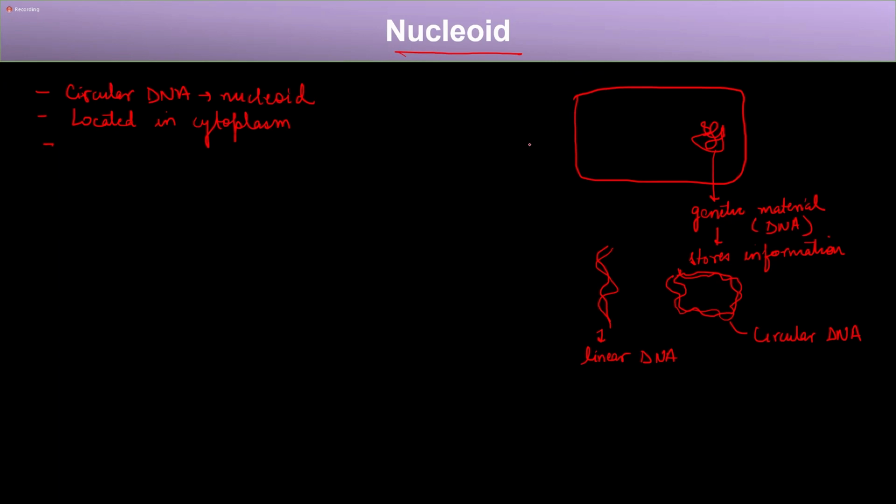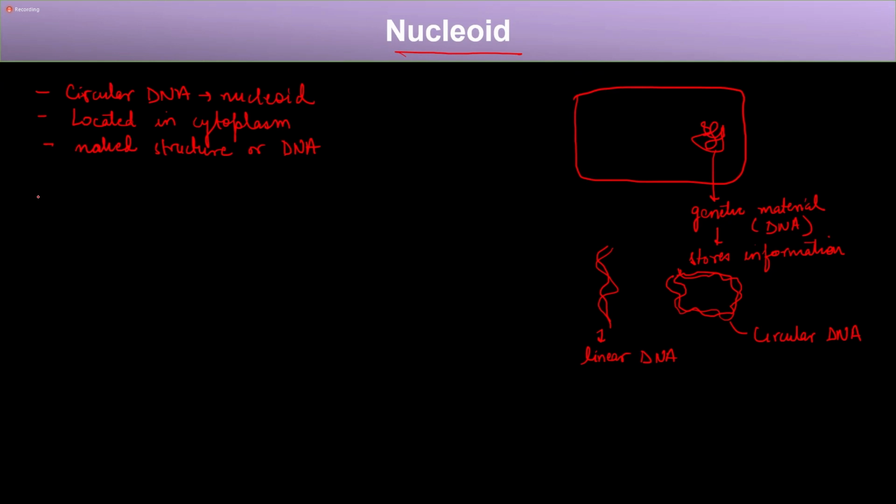So in this case, does the nucleoid have a membrane? No. So it is a naked structure, or naked DNA. It is a DNA that is not wrapped or does not have a membrane.